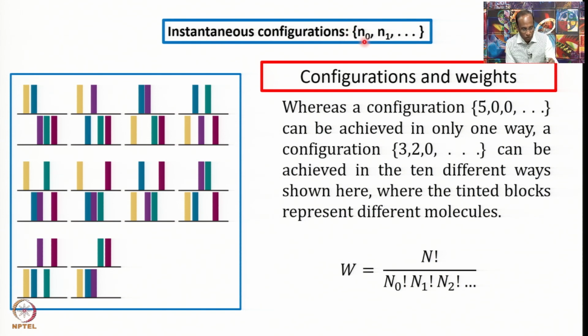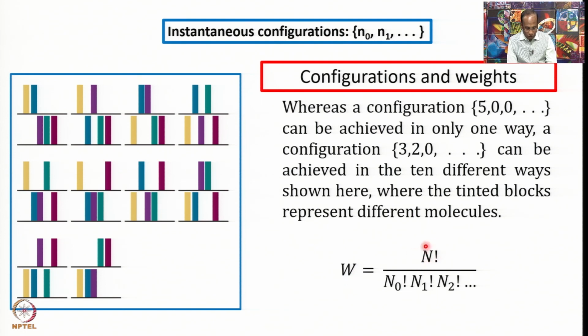We said that N0 means N0 number of molecules in ground state, N1 molecules in first excited state, and so on. The weight of a configuration we discussed can be given by this formula, where the weight of a configuration is N factorial over N0 factorial, N1 factorial, and so on.